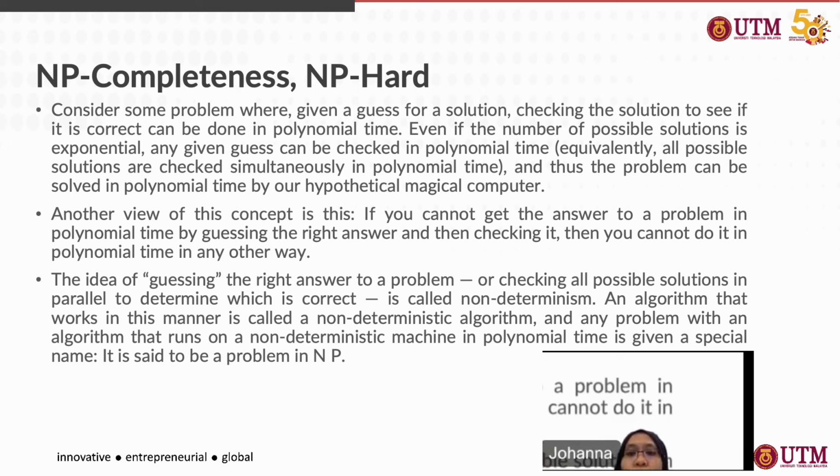So even if the number of possible solutions is exponential, any given guess can be checked in polynomial time. Equivalently, all possible solutions are checked simultaneously in polynomial time, and thus the problem can be solved in polynomial time by our hypothetical magical computer.